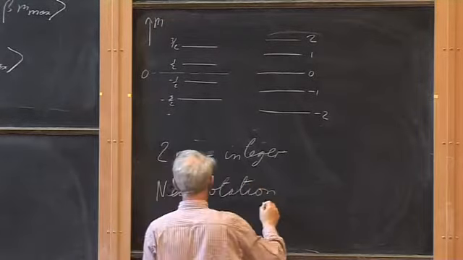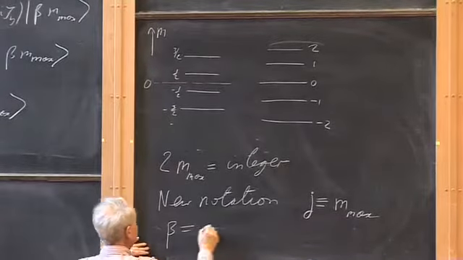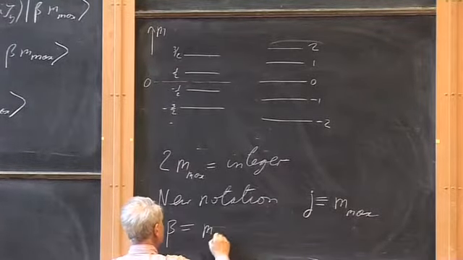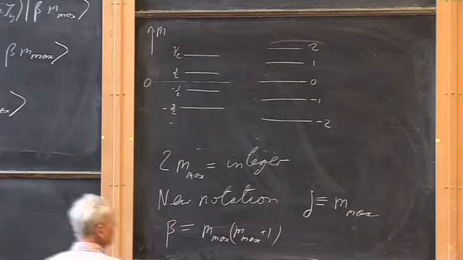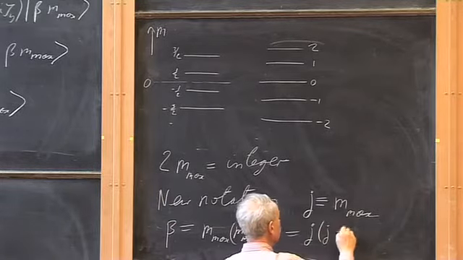The biggest value of m is called j, little j. And what have we got? We've got that beta is equal to m max plus 1, that's on the board just here, which is therefore equal to j plus 1.